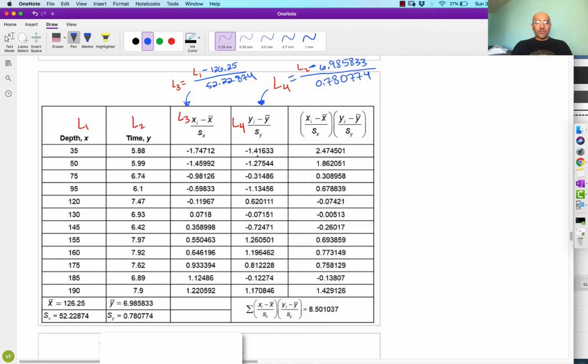And so the next thing we need to do is to multiply those two values together. I need to multiply list, this is going to be my list 5 now. And my little equation is just going to be that list 5 is just going to be equal to list 3 times list 4. I just need to multiply those two numbers together across, and that'll be list 5.